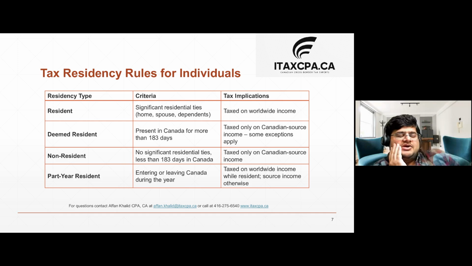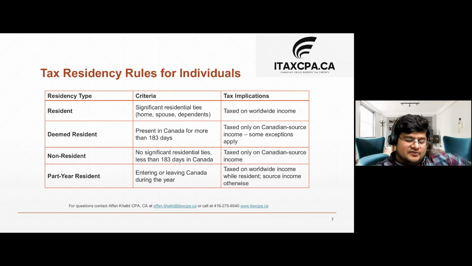So starting with the tax residency rules for individuals, you are considered a resident of Canada if you have significant residential ties. What's included in significant residential ties means you should have a home that is available to you or at your disposal throughout the year. Whether you're living in it or not is another discussion, but having a home at your disposal is a big factor.